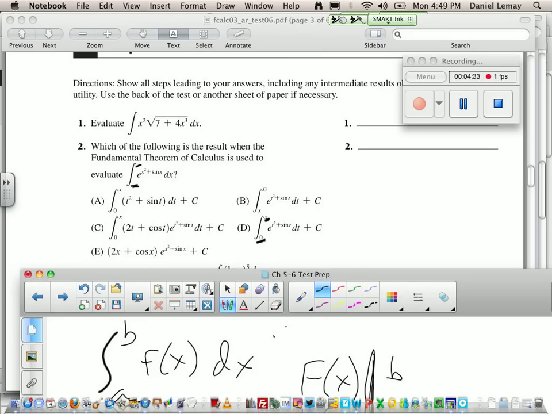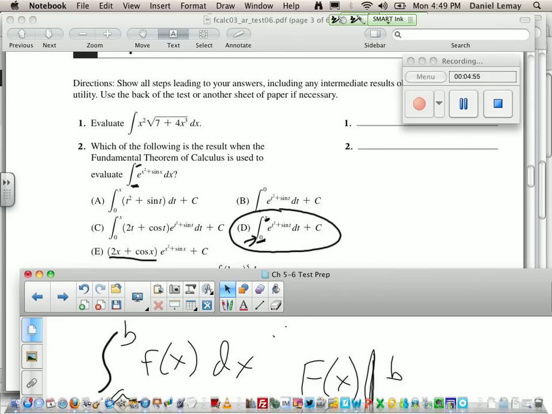I'm seeing 0 to x, so that's right. The trouble with this one is it's x to 0. We always like the lower bound on the bottom. We also like to have a number here, not a variable. And this one, I don't know what they're doing here. So the correct answer here is D, and that's just recognizing that we're turning this indefinite integral into a definite integral. Okay, knowing which one to choose.